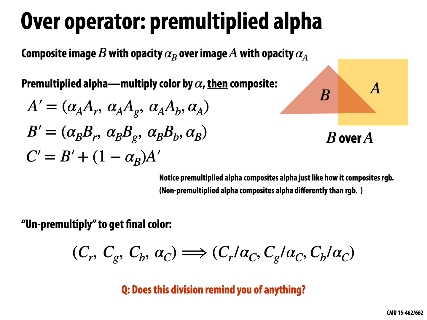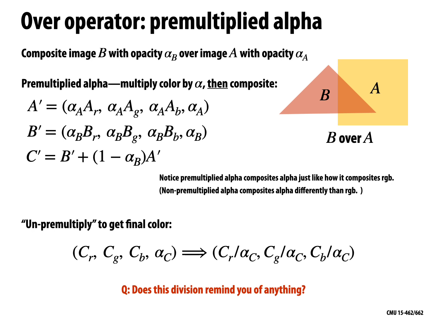So we're going to construct a new color A prime, which is equal to alpha A AR, alpha A AG, alpha A AB, and we're going to tack on to the end of that the alpha value alpha A. Likewise for B. Okay, so now conceptually A prime and B prime store kind of a darkened version of the original color, right? Darkened by the alpha value, but they also keep track of the alpha value, so we know how much we darkened the color by.